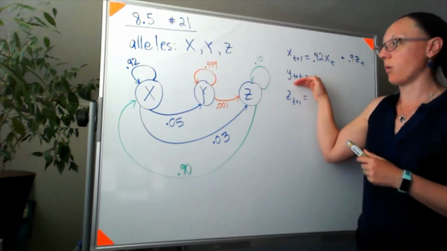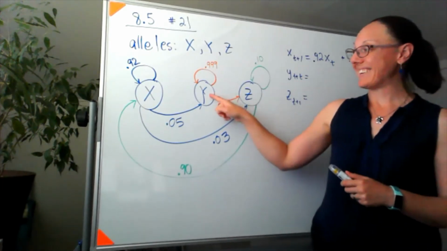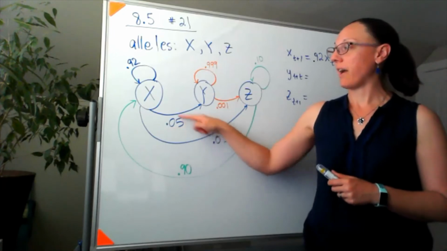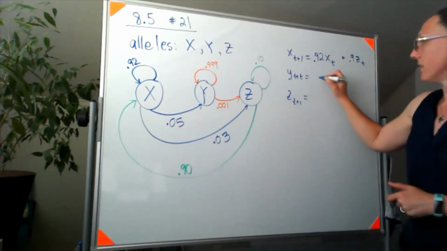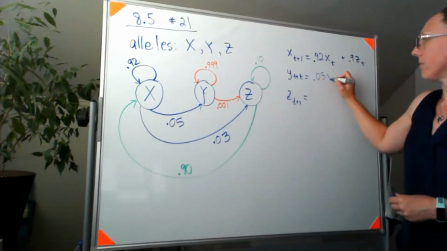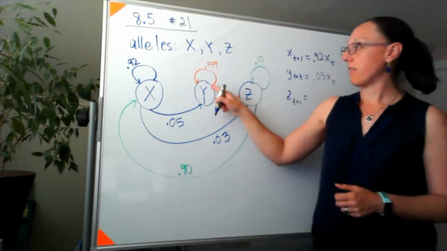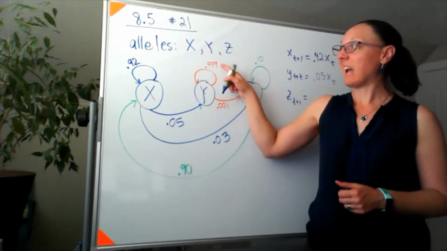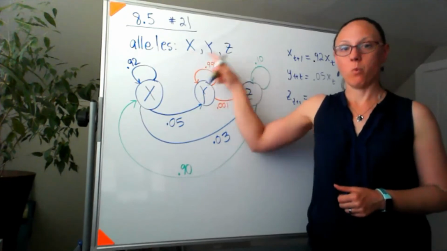Now we'll move on to our y's. So coming into y, I've got 0.05 coming from x. And then I've got 0.999 returning from y back to itself.